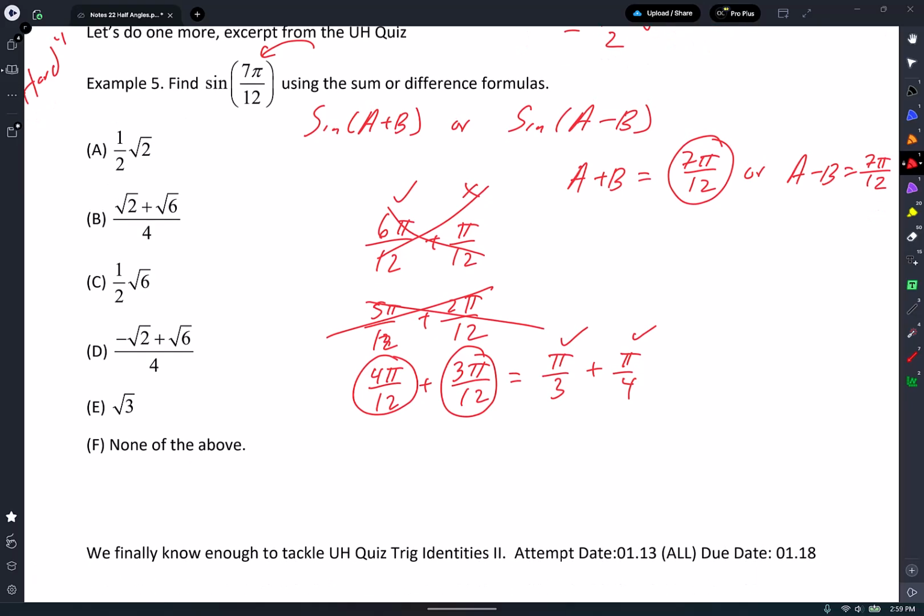So here's what we're going to do. We're going to go sine of pi over 3 plus pi over 4. And I'm going to wait for you guys. Go ahead and write down what we did. Find two numbers that add up to 7 pi over 12.